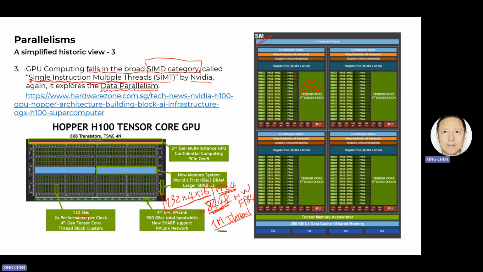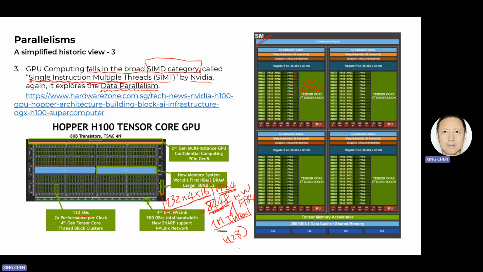So if we do 1 million threads divided by the hardware units, we are going to have roughly 128 threads that can be run per hardware unit.